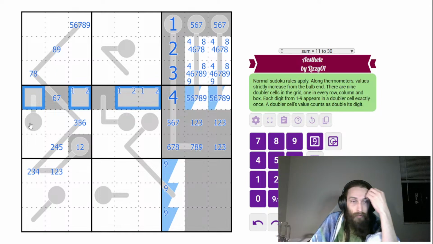So then on that thermo, the elbow becomes 5 or 6. The diagonal in the third row becomes 4 or 5.